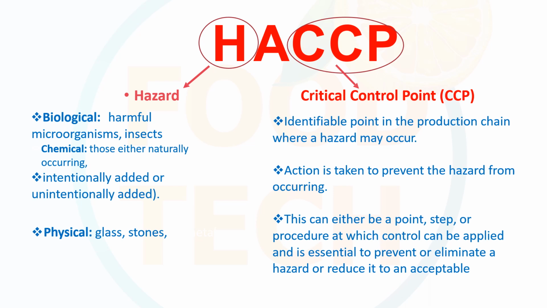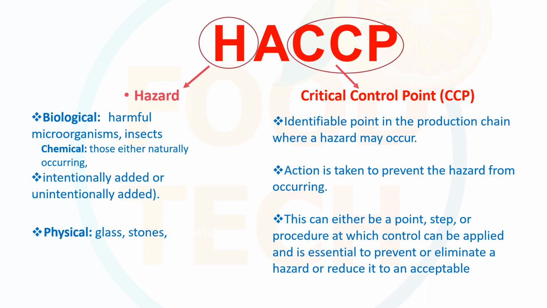Chemical hazards are those mainly related to toxin formation in the food by chemical compounds which are added intentionally or unintentionally into it, like additives and all. So this comes under chemical. And physical is glass, stones, the hairs of the food handler, the assessor, or the one who is inspecting all these things. So this comes under the physical hazards.